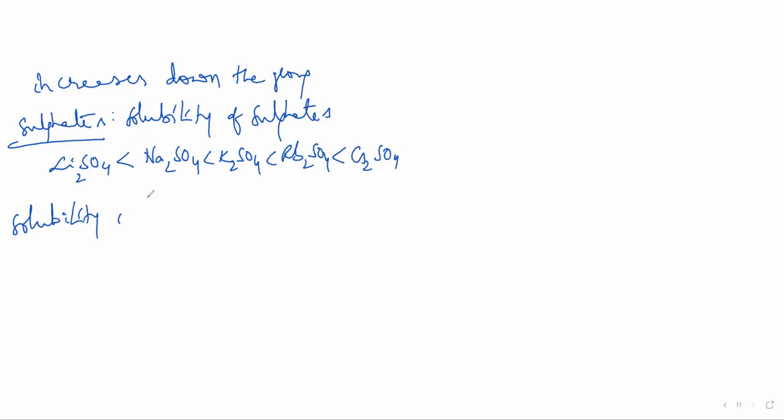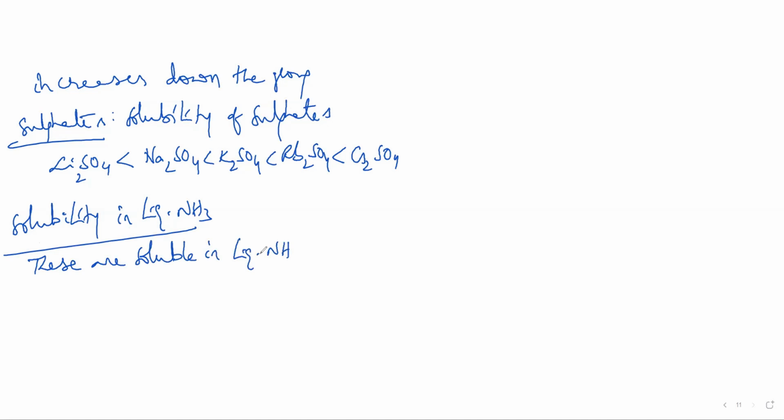Next, solubility in liquid ammonia. So these metals, alkali metals, are soluble in liquid ammonia and form blue colored solution.